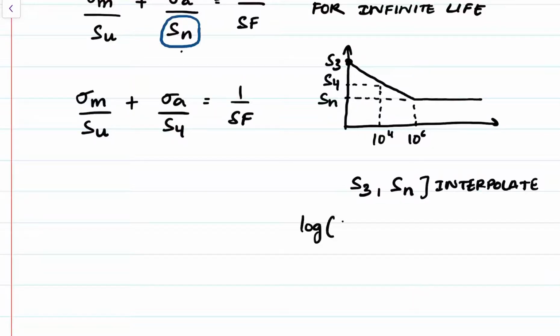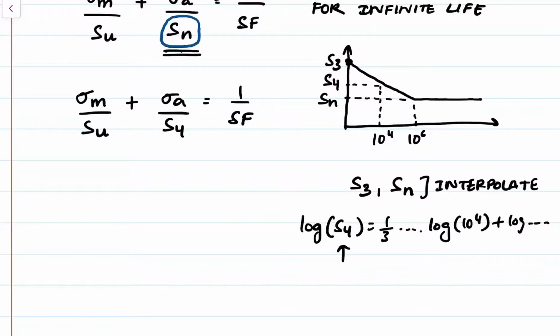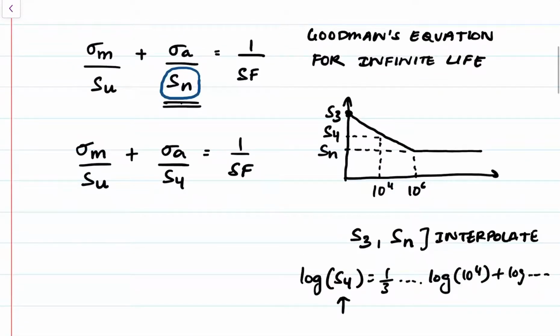So log S4 is equal to 1 over 3 log 10 to the 4 plus log so forth. And then you'll solve for S4, and that's what you will substitute in the equation here to solve for the stresses or the safety factor or whatever you need.